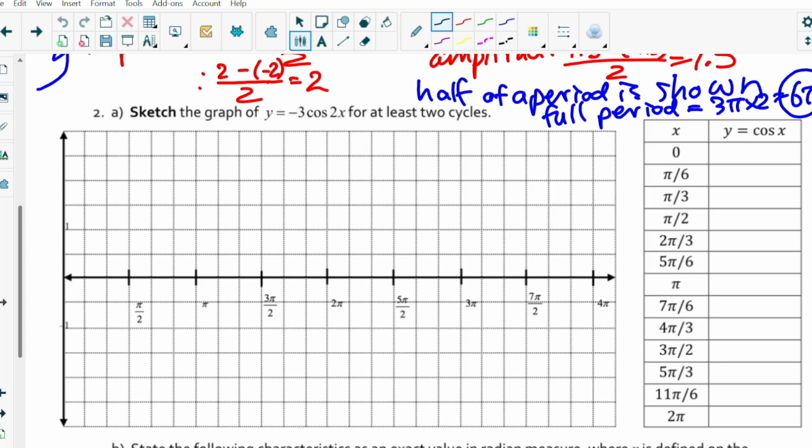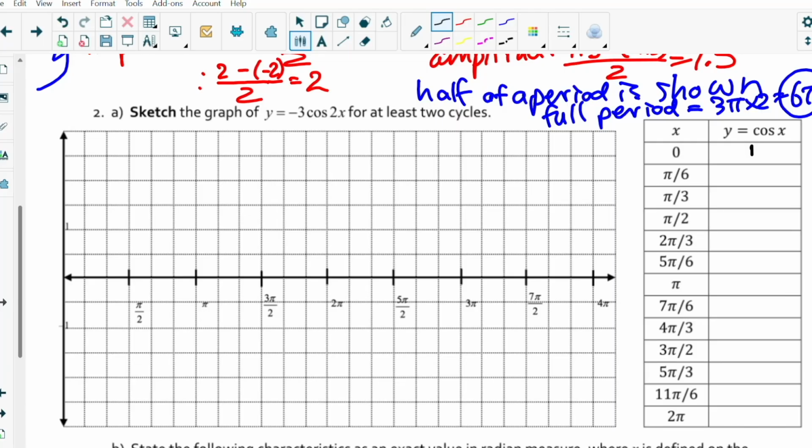Okay, so in black, I'm going to do y equals cosine of x, giving you the handy little chart here. So for at least 2 cycles, when we graph the cosine function, I'm going to give you all the values here.